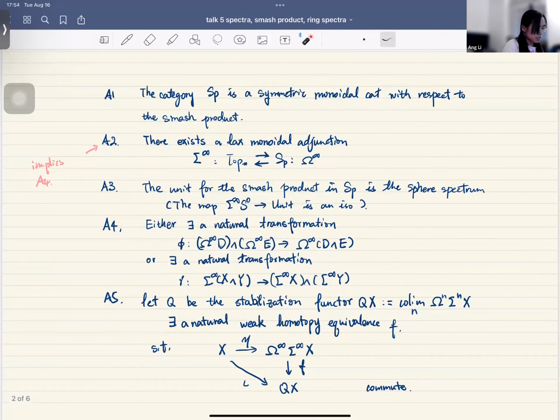And the fourth one is kind of explained from the second one, what lax monoidal actually means. And the fifth one is, we have this stabilization functor defined to be the colimit of loop n suspension n, and we want to identify that with the infinite version of that.